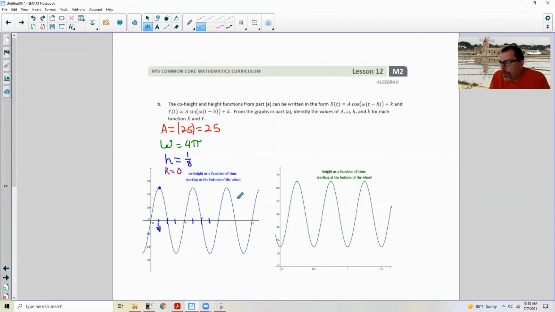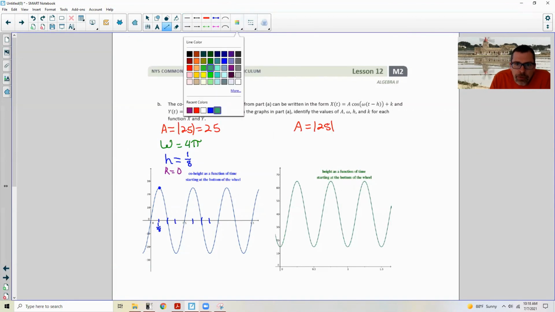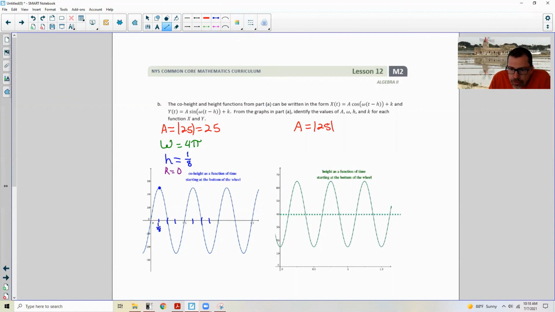Okay, so now for this one, A is going to equal the absolute value of 25 again, because what am I going to do here? I'll just help out by drawing my midline, and I'll use green. My midline is at 40. So omega, in this case, is also going to be 4 pi.